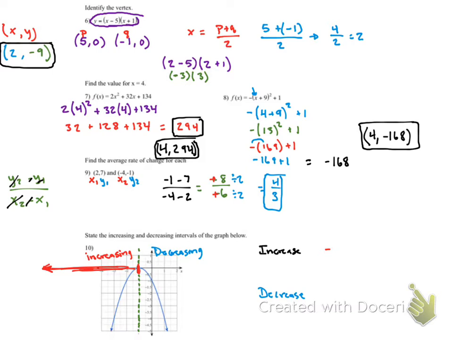So let me erase some of this stuff. It goes to this point here where it's increasing, and that's where x equals -1, right? So if we look, we kind of covered it up with the axis of symmetry there, but x is equal to -1 there. So we had it from negative infinity to -1.